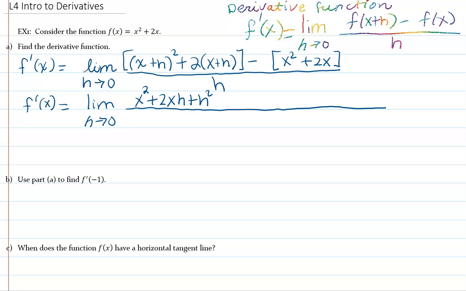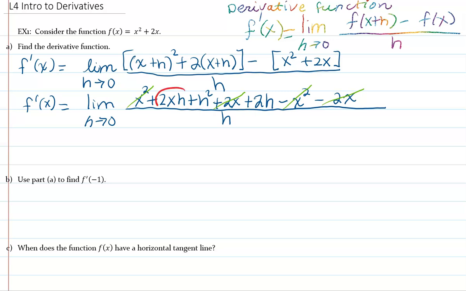Then distribute the 2, plus 2x plus 2h. Distribute the negative sign in the front because we're subtracting everything there. Minus x squared minus 2x, all over h. And so we will see that x squared minus x squared is 0, and 2x minus 2x is 0.